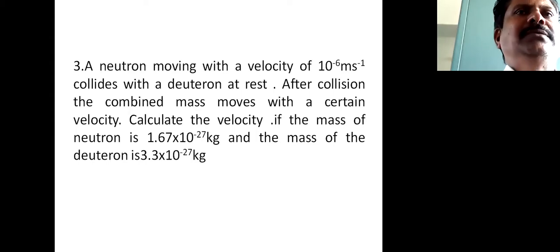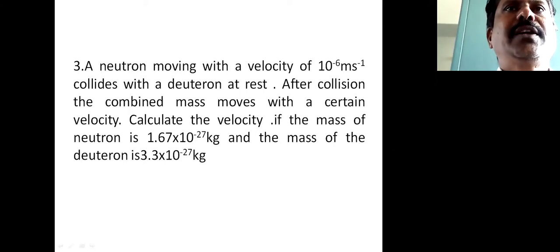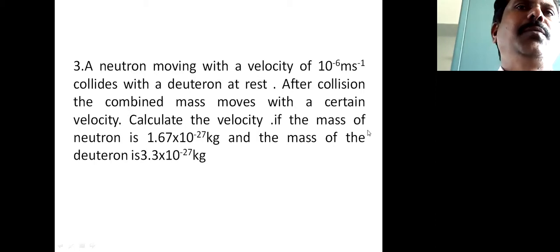So next, another one. A neutron moving with a velocity of 10 to the power minus 6 meters per second collides with a neutron at rest.